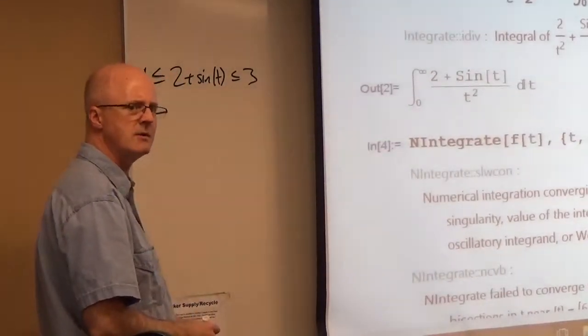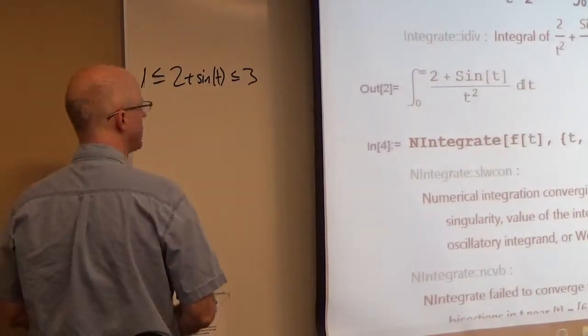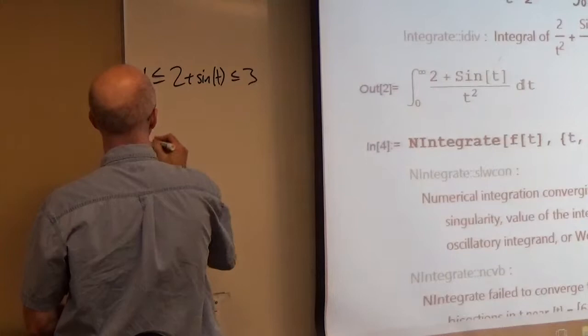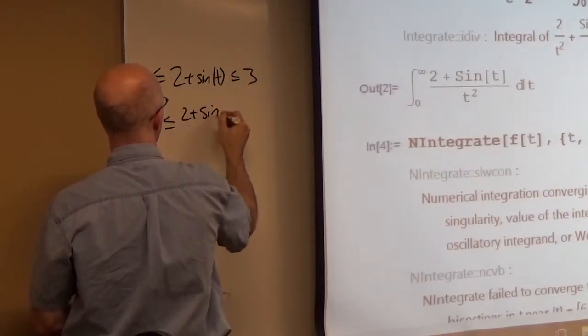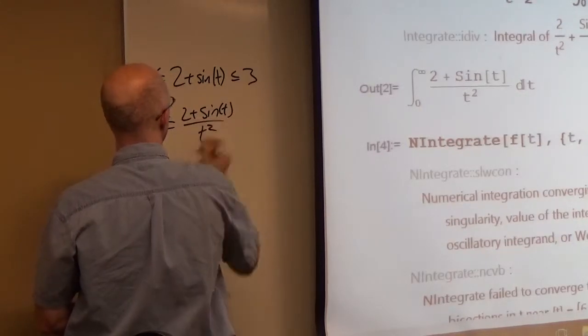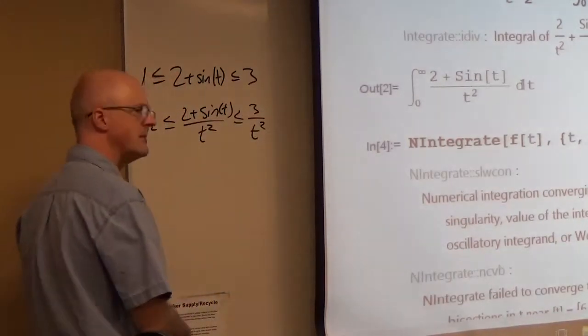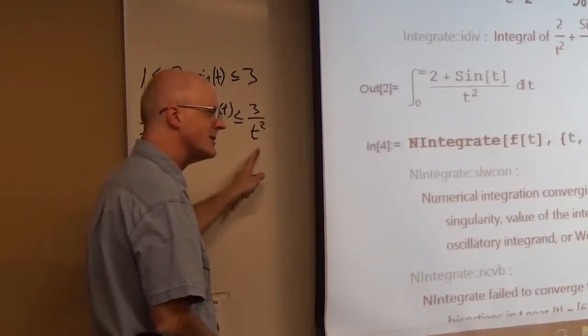Because sine of t is always between -1 and 1. So when you divide it by t squared, like this, that's going to be true. And the integral of this one converges.